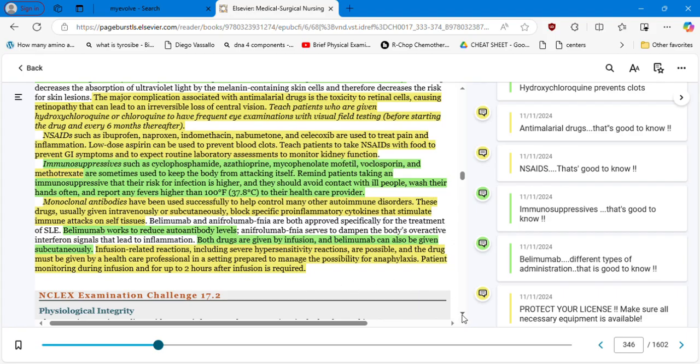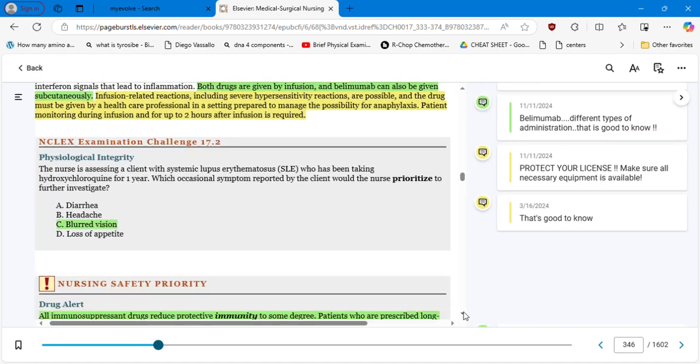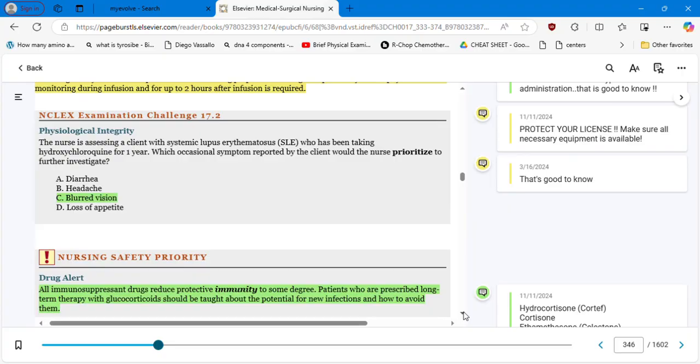So those are the medications I want you to remember. Again, let me review. I want you to remember all the information and precautions related to NSAIDs, hydroxychloroquine, information about methotrexate, which is an immunosuppressive drug, and monoclonal antibodies, especially belimumab, okay? And of course, we also need you to remember the corticosteroids.